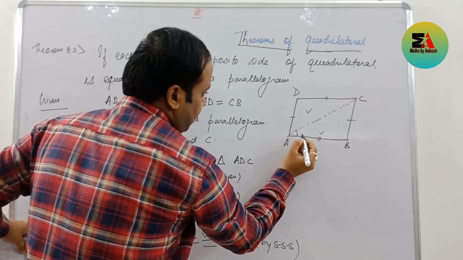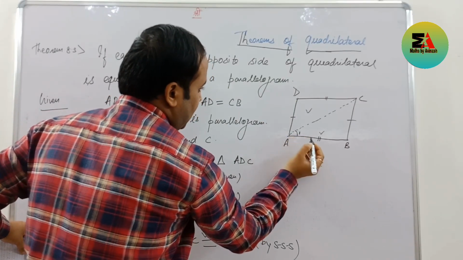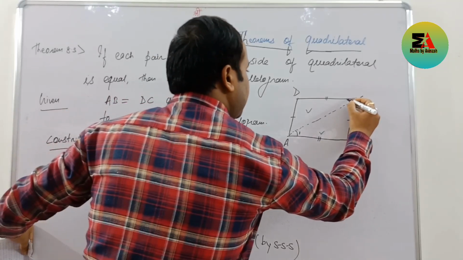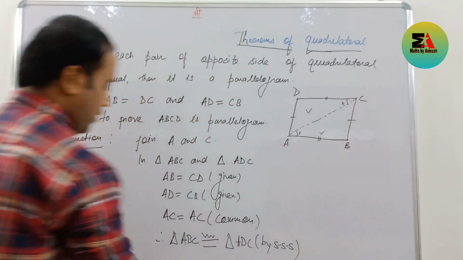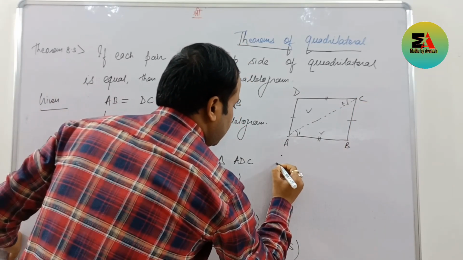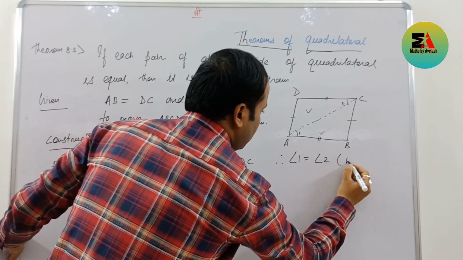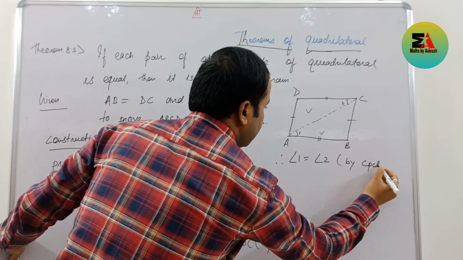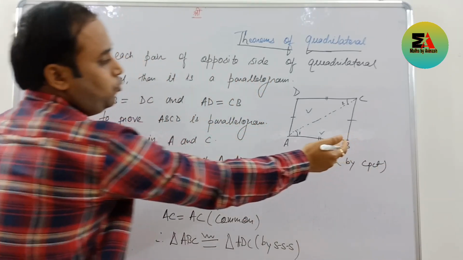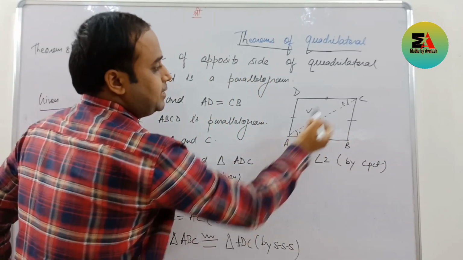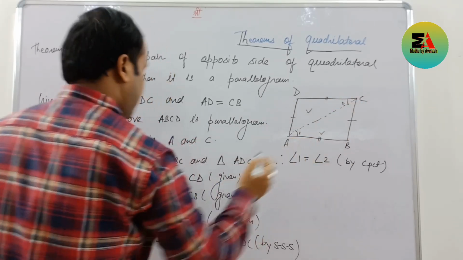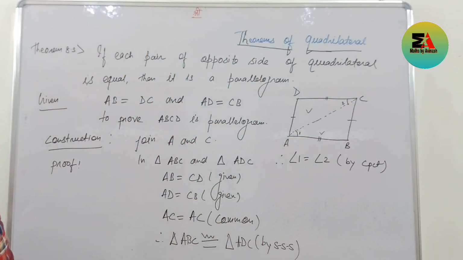This angle is represented by angle 1 and this angle by angle 2. Therefore, angle 1 is equal to angle 2 by CPCT. Either you can give their names: BAC is equal to DCA by CPCT.